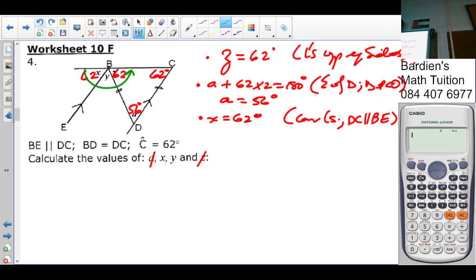You're going to say 62. There's an easier way. Alternate angles. You see the Z here? Okay, so Y is equal to... But you won't get it wrong if you go straight. You get full marks. Okay, 56 is alternate angles with BE being parallel to DC.